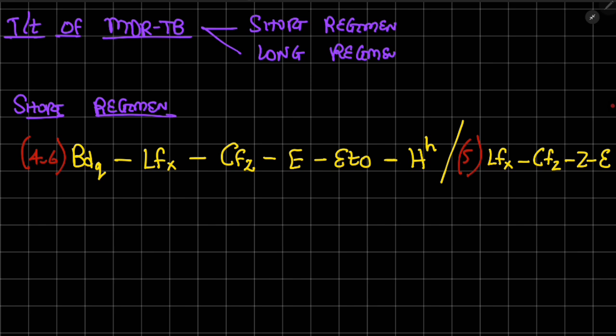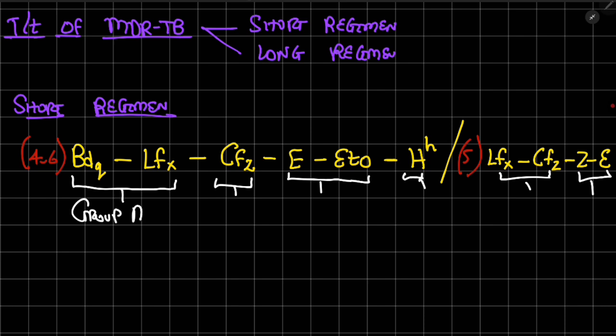Now for your better understanding and to remember this regimen, we will split it like this. So what is the point of splitting this regimen like this? Two drugs from group A, one drug from group B, two drugs from group C, and this is the additional drug that we should remember.